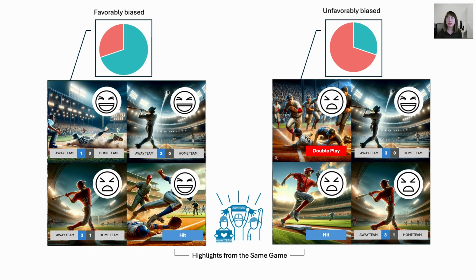Ultimately, this results in a different ratio of each team's positive moments in the highlights, as shown in the graph illustrating the away team's share of positive events. Through this bias injection method, we are able to offer a simple but novel way of experiencing baseball highlights, catering to the diverse preferences of our audience.